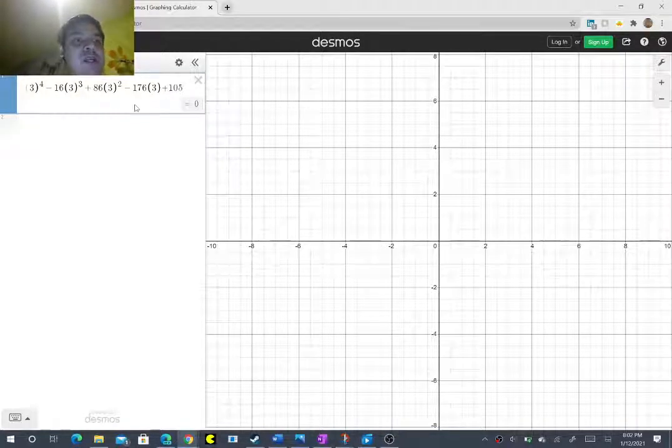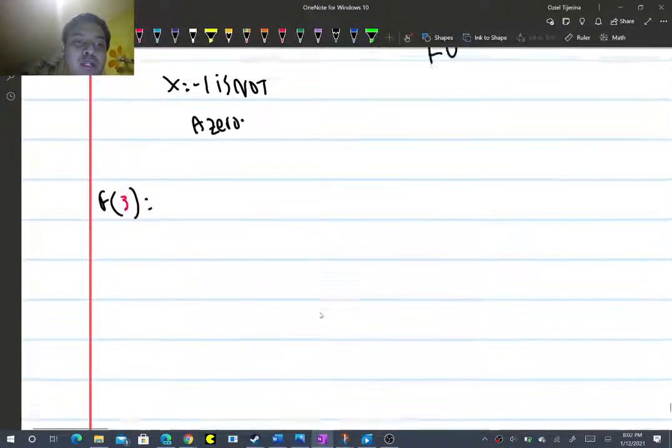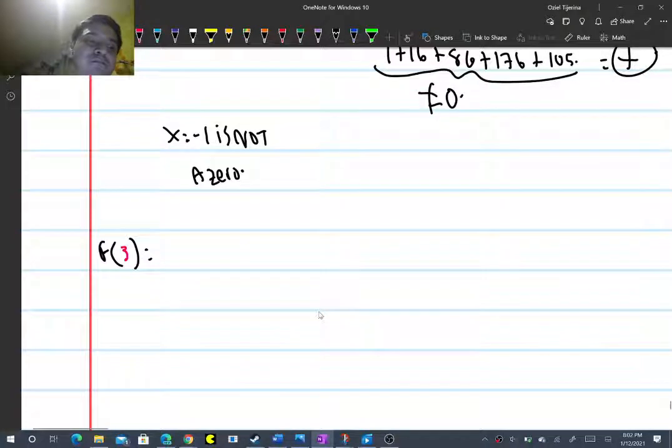Okay, so you can see here that it equals 0. So we know that f of 3 equals 0.